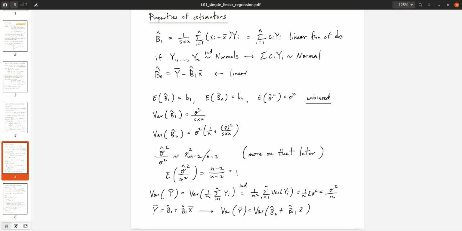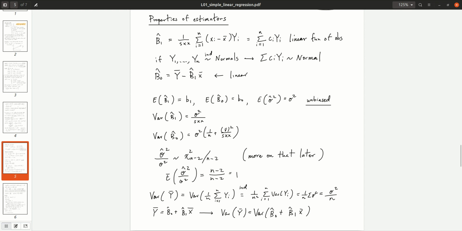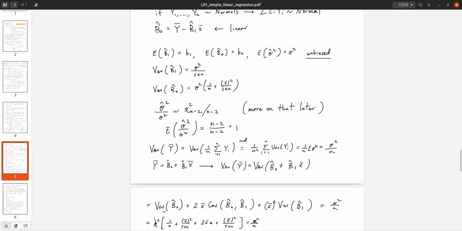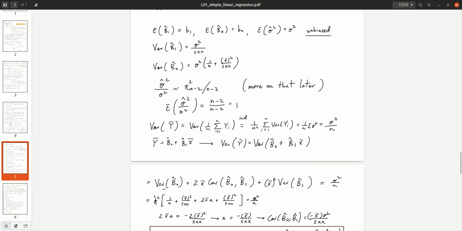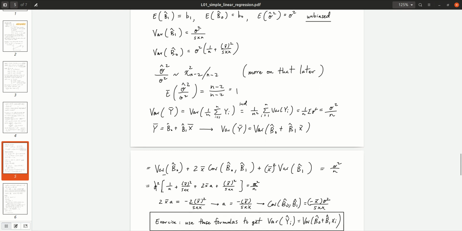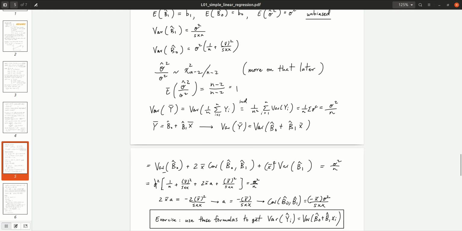So one way of characterizing how two random variables depend on one another is to say something about what their covariance is. Now, this next calculation is going to result in a formula for the covariance between B0 hat and B1 hat. But we're going to come at this in a little bit of a roundabout way. So let me walk you through the argument here.